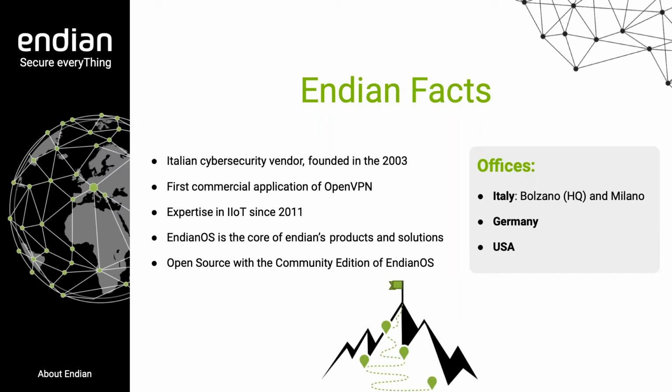And the difference between the community and the enterprise is getting more and more, just because of all the features that we're adding that we are not able to add to the community edition as well. And then you can see we have our office presence. Obviously, Italy, we have 2 locations, and then we have offices in Germany and the USA, which is where I am based out of.